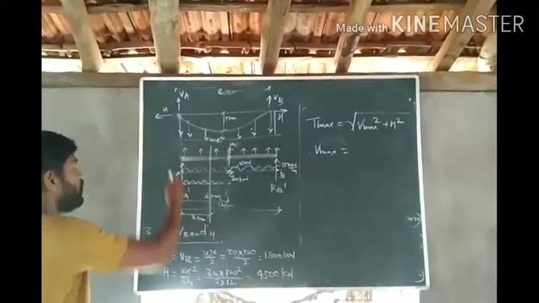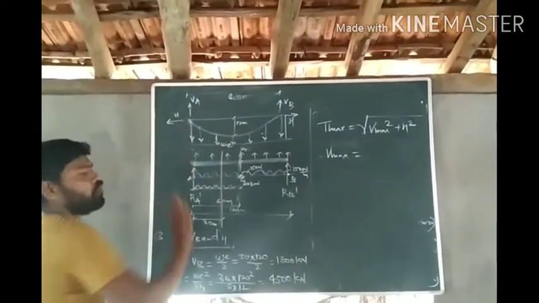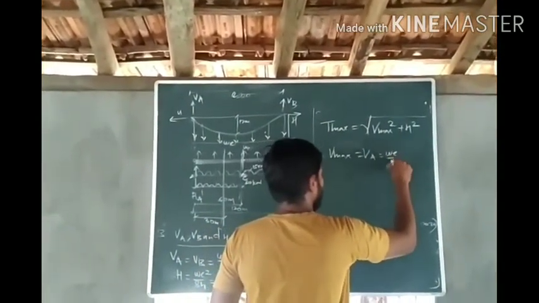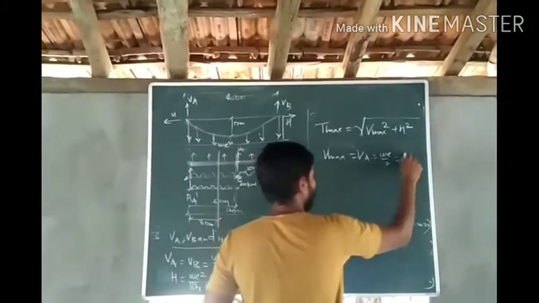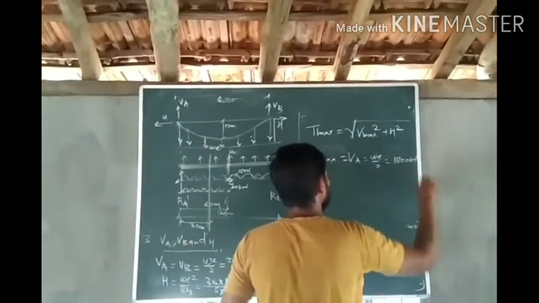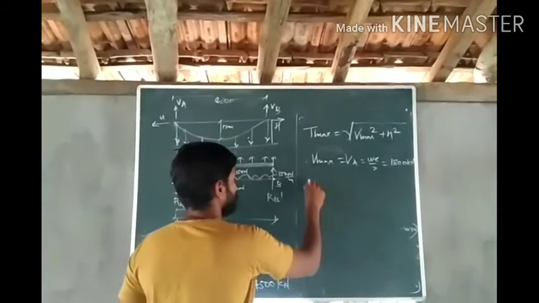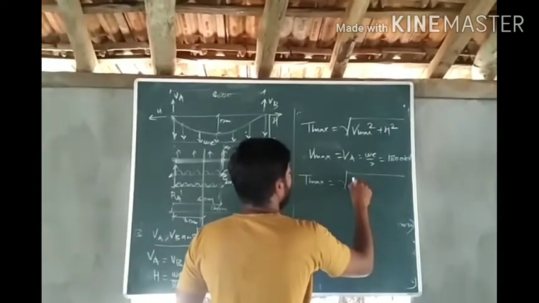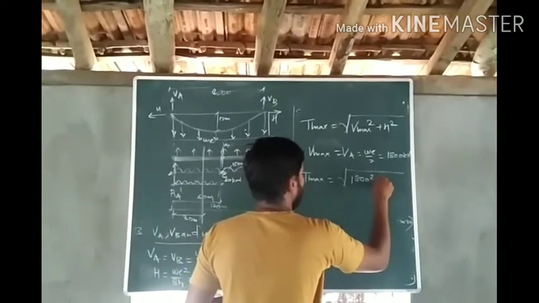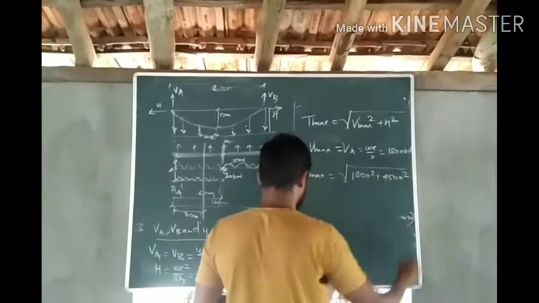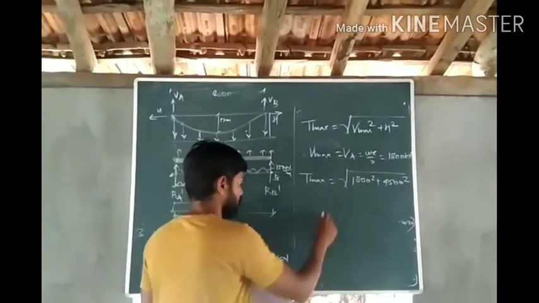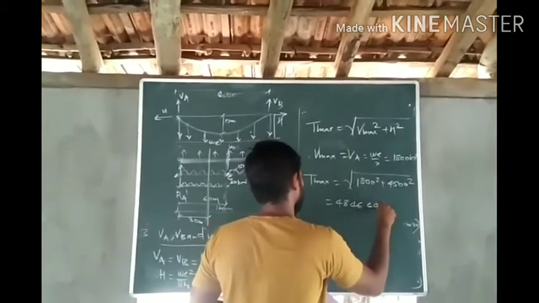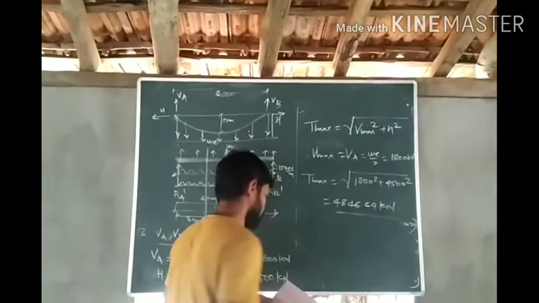The maximum shear force will be at the center and it will be equal to V. H is also there. So Tmax is 4846.64 kilonewton.